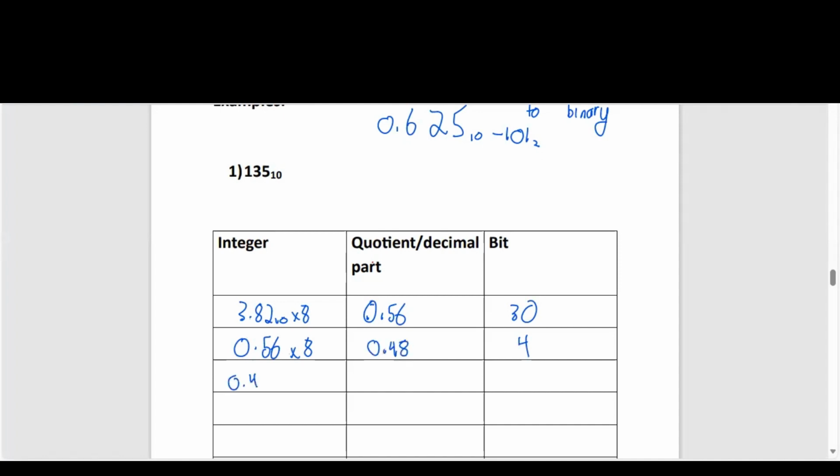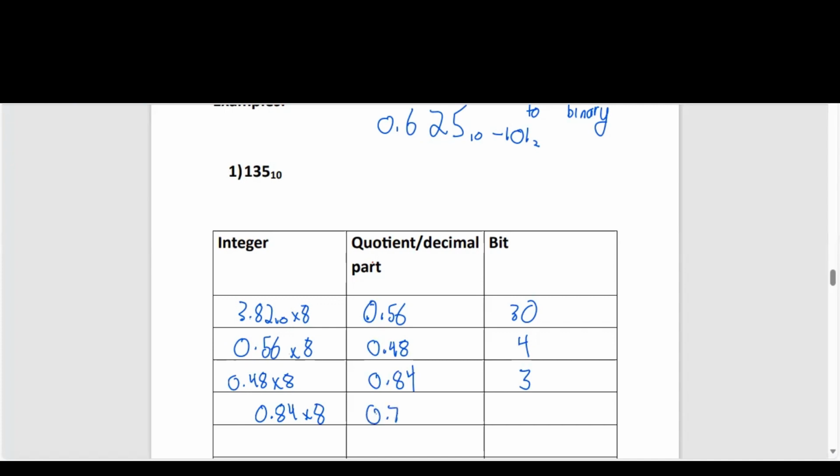And we go again, multiply by 8. Okay, notice it's gonna be a long one. The 0.48 multiplied by 8 is 3.84. So 3 here, and you get 0.84 here. I think you catch my point by now, but I'll continue to see if it actually works out. So 0.84 multiplied by 8 is 6.72.